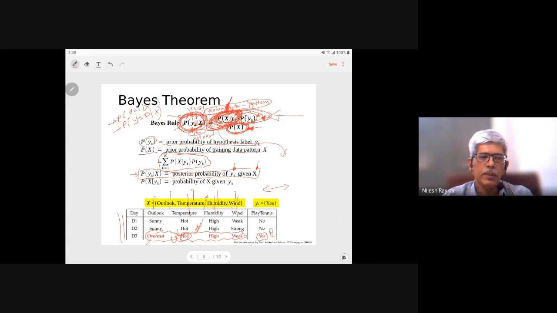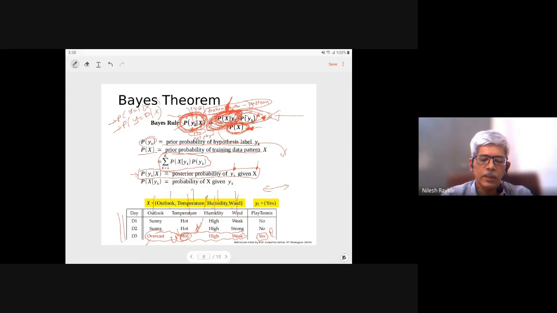We will calculate using the Bayes theorem the probability for two cases if it is a binary classification problem: the probability of y equal to 0 and the probability of y equal to 1. Whichever probability is higher, that is the prediction of our model. If it is a multi-class classifier, then you will have to calculate the probability for each label, and whichever has the highest probability is the one which will be chosen.